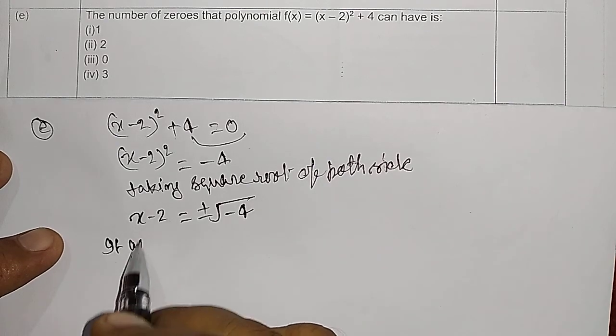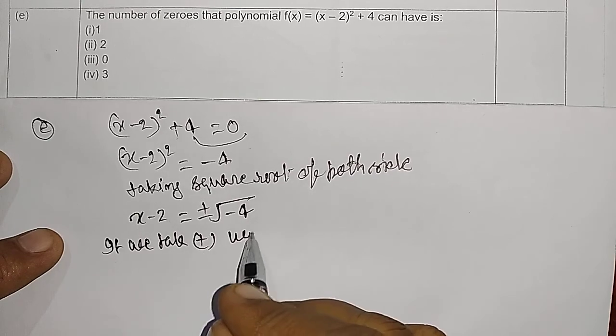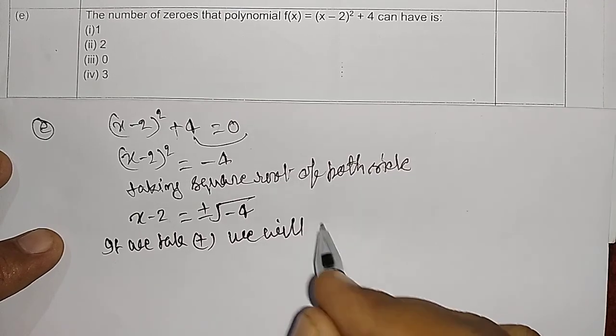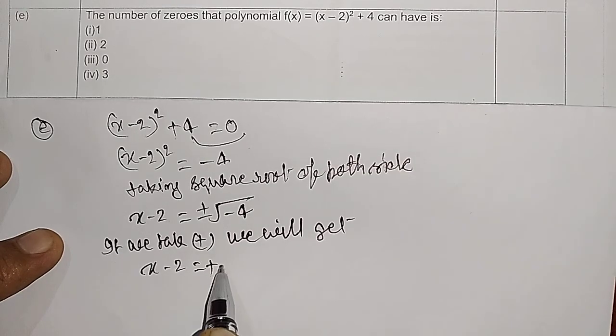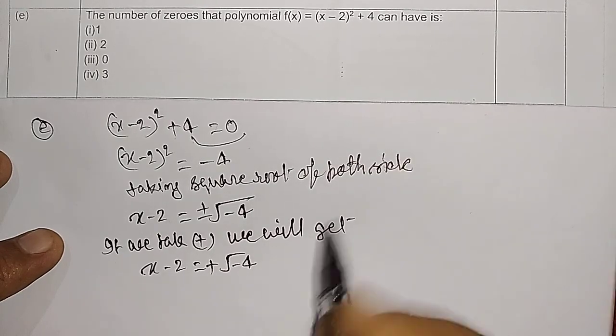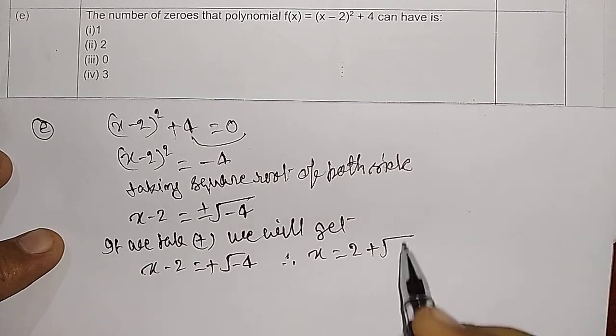If we take plus, we will get x minus 2 equal to plus under root minus 4, which gives x equal to 2 plus under root minus 4.